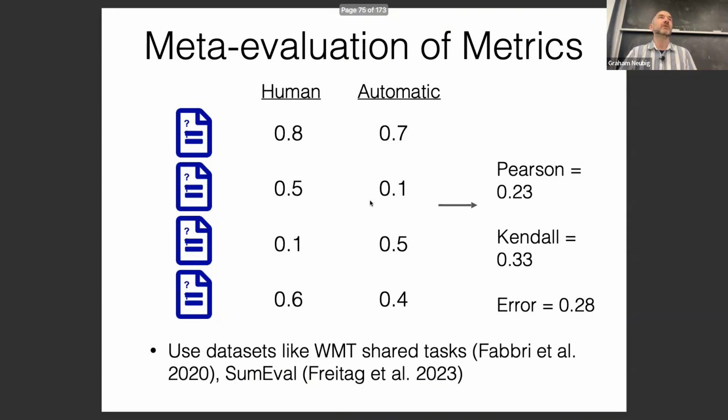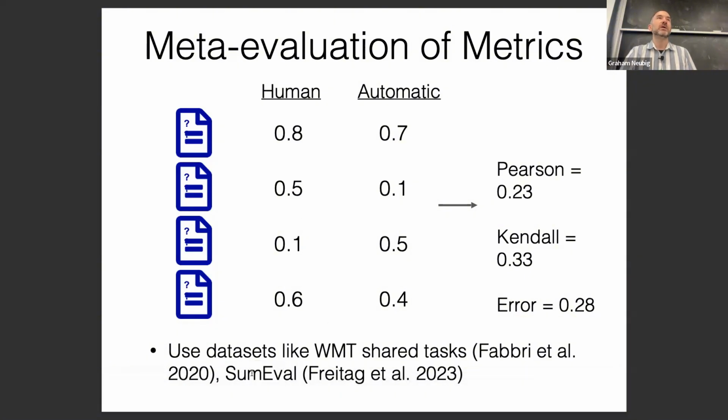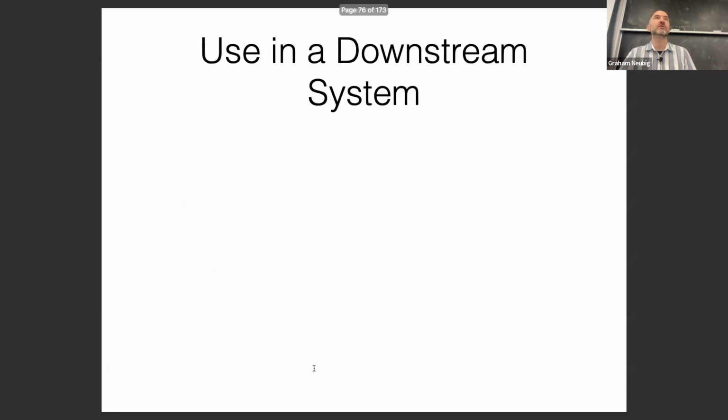There are a lot of datasets that you can use to measure these sorts of things. I listed two here. The Conference on Machine Translation Shared Tasks are good for machine translation evaluation. SumEval is good for summarization evaluation. There are also a bunch of other ones more recently for general language model evaluation as well.